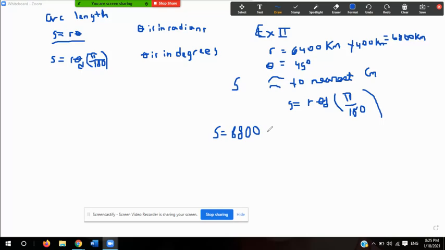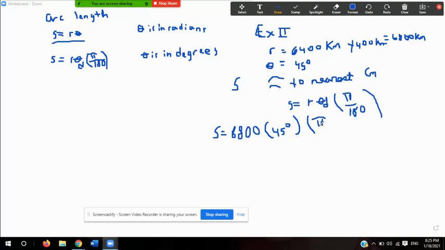So 6,800 times 45 degrees, because they say that it's measured when it's at a central angle of 45 degrees, times pi over 180. And then we have to round that to the nearest kilometer.